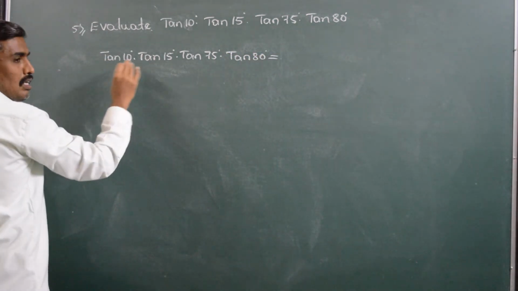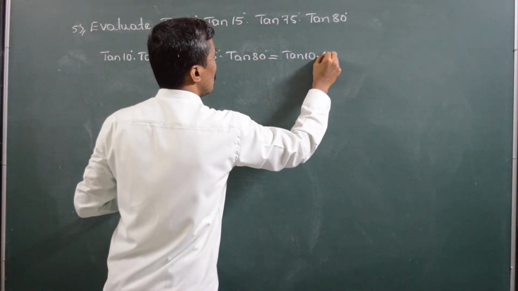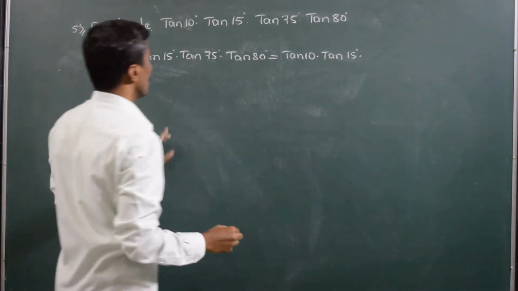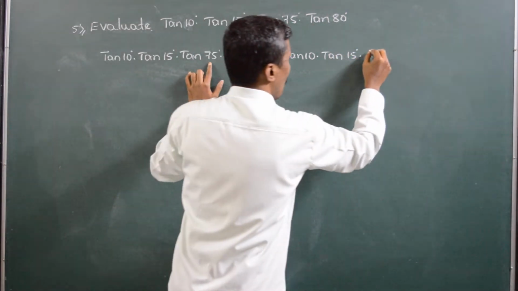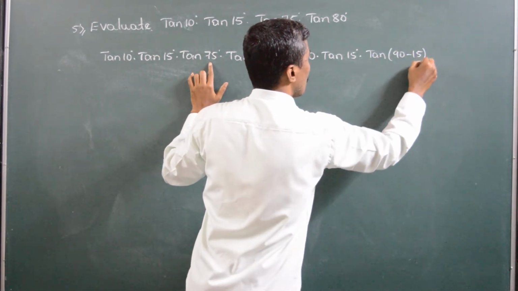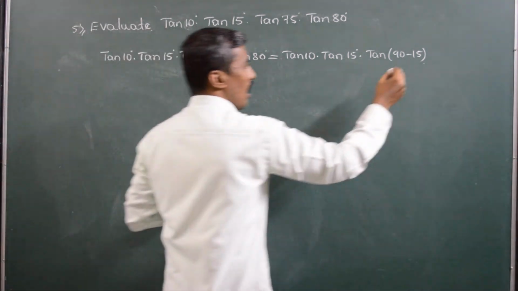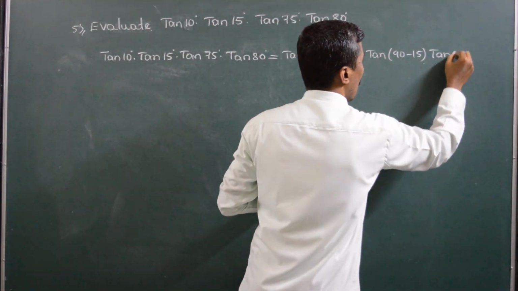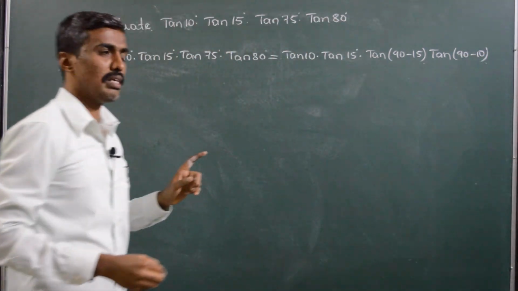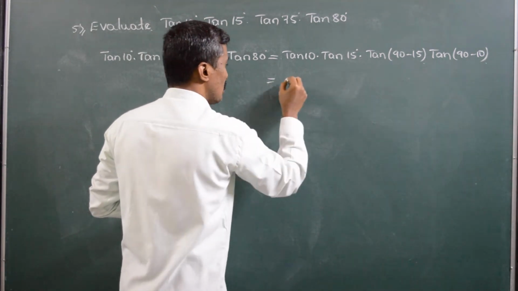So I will keep these 2 terms as it is, tan 10 degree into tan 15 degree, into 75 I will express as tan of 90 minus 15. What is 90 minus 15? It is 75. Similarly, tan 80 can be expressed as 90 minus 10 degree. So 90 minus 10 is 80. Correct. Then keep these two terms as it is.